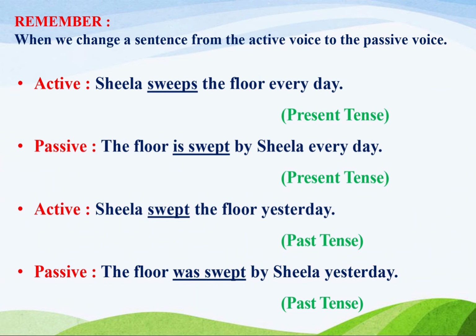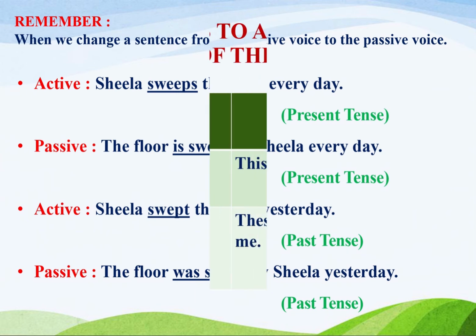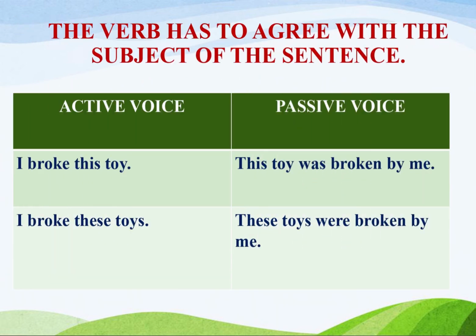Now, this sentence is in past tense and its passive form will be, the floor was swept by Sheila yesterday. We have used the form of be as well as the third form of the verb in this past tense. One more rule is that the verb has to agree with the subject of the sentence.